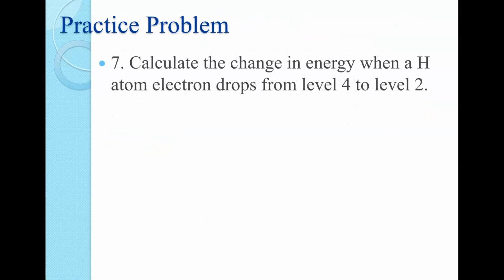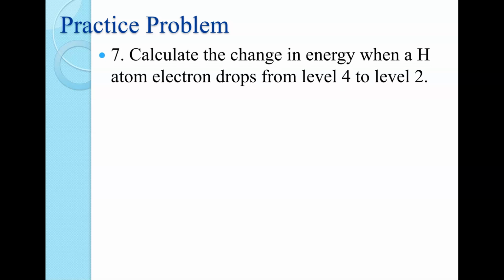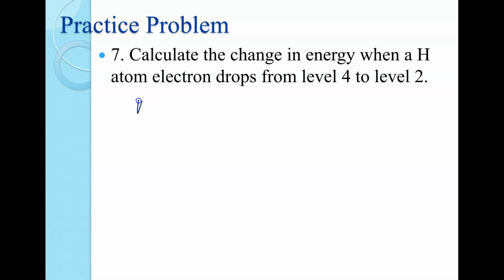So, sample problem. Calculate the change in energy when a hydrogen atom electron drops from level 4 to level 3. So, go back. Delta E equals 2.178 E negative 18 times 1 over where it started, 4 squared, minus where it ends up, 2 squared.